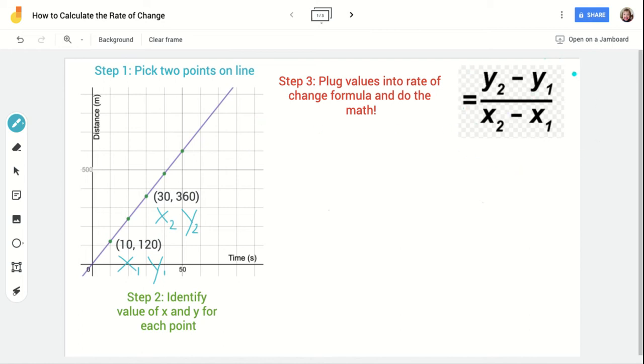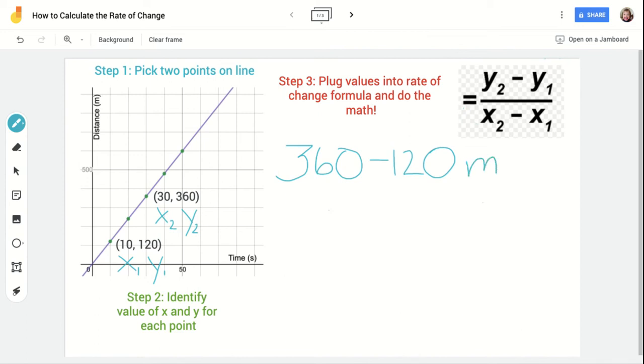So here's our formula. And we're going to replace these letters with the numbers shown here in the graph. So our y2 value is 360, and our y1 value is 120. And since these are y values and y is distance, we're going to use the unit for distance in our calculation as well.